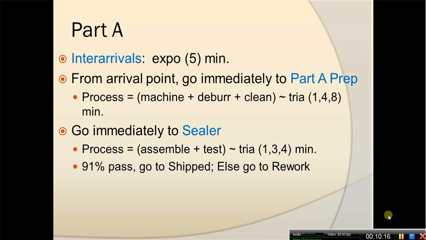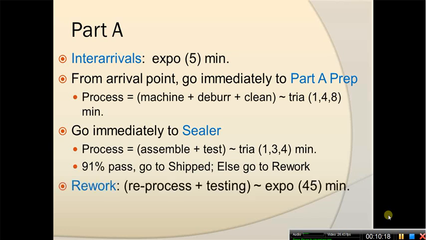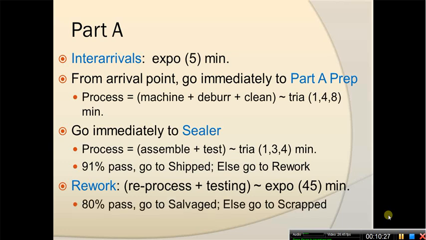Other parts go to rework. And then during rework, we have reprocess and testing, and that takes exponential 45 minutes. And after the rework, there's another inspection, and 80% pass and go to salvage, and everything that doesn't pass goes to scrapped. And then we also have part B.